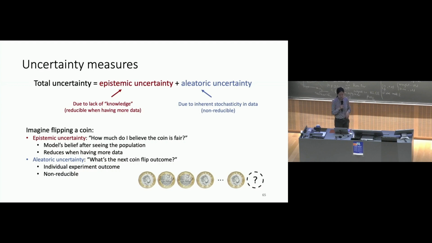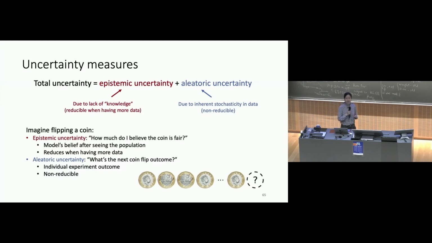Imagine you are flipping a coin. Okay? The model uncertainty question is basically asking, how much do I believe the coin is fair? If you keep on flipping the same coin many, many times, and look at, roughly speaking, the percentage of heads and the percentage of tails, this will give you an estimate about whether this coin is fair, and your confidence on this answer will increase as you continue flipping the coin. Right? This explains why model uncertainty reduces when you have more and more data.